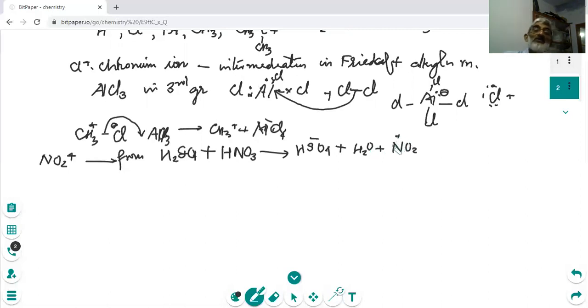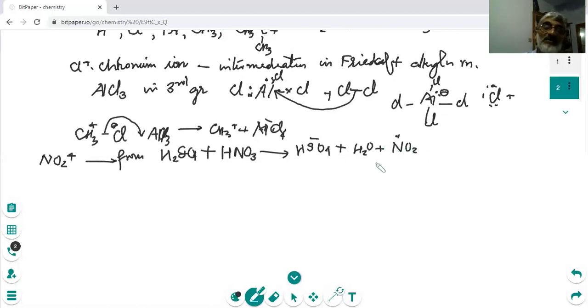Make sure that whenever you draw this type of equation, you make the charge equal on either side of the equation. This mistake is always bound to be there.